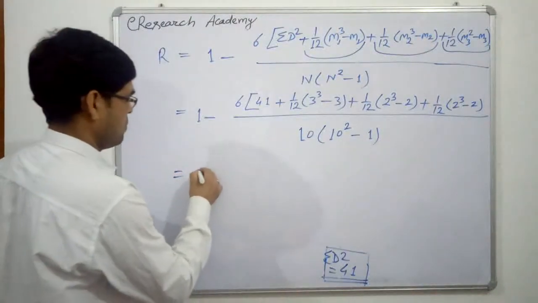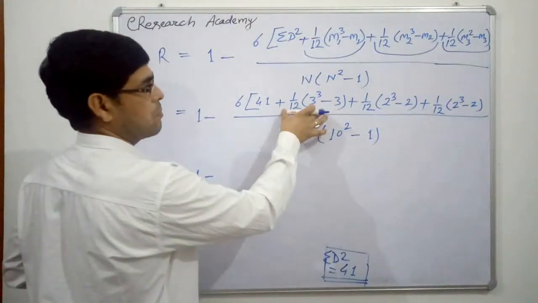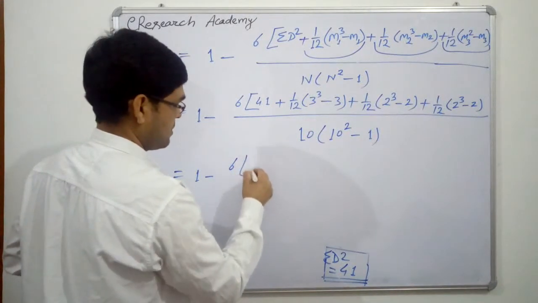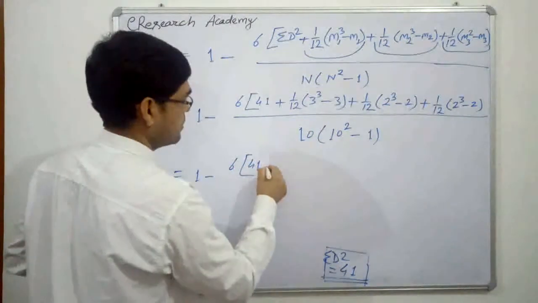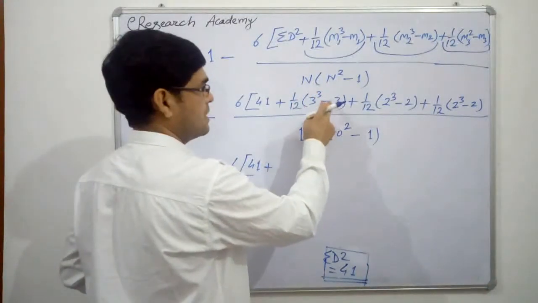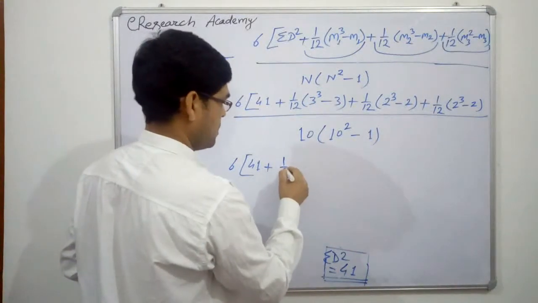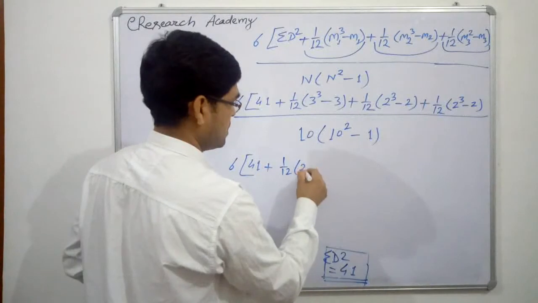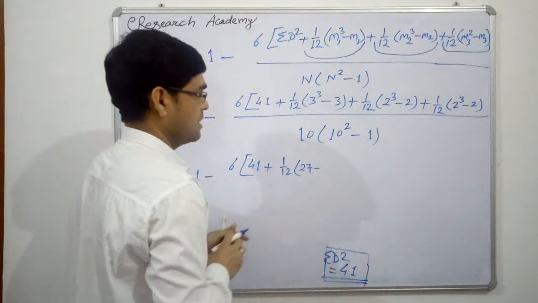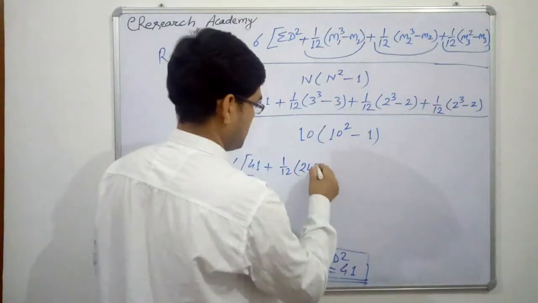Now, 1 minus, just solve this portion. It is 6 times (41 plus 1 by 12 times (3 into 3, 9, into 3, 27 minus 3)). 27 minus 3 is 24, so that gives 2.